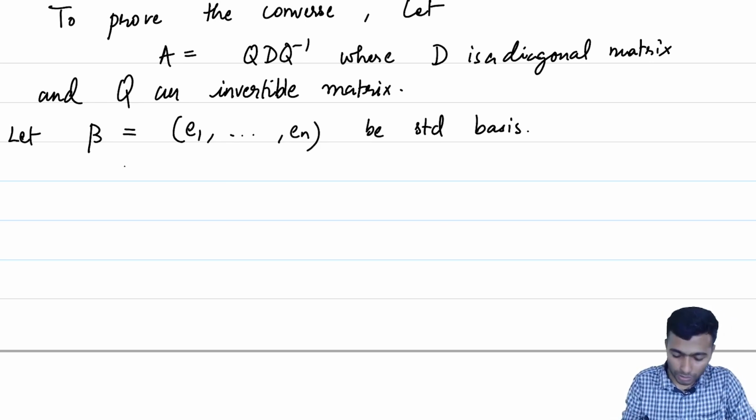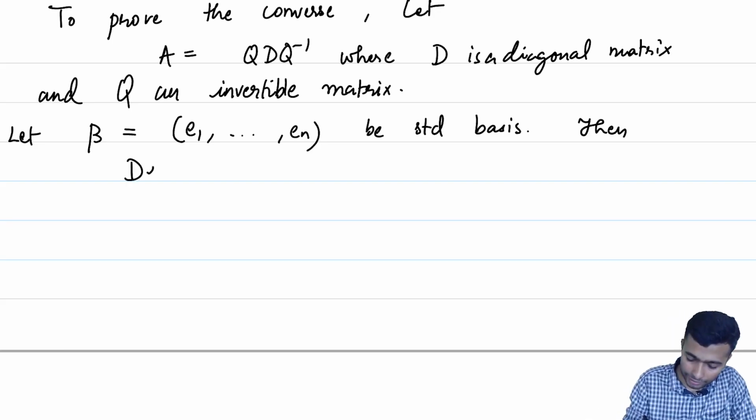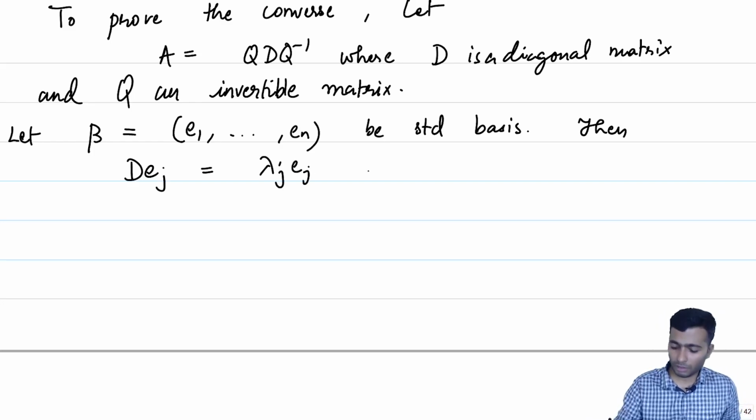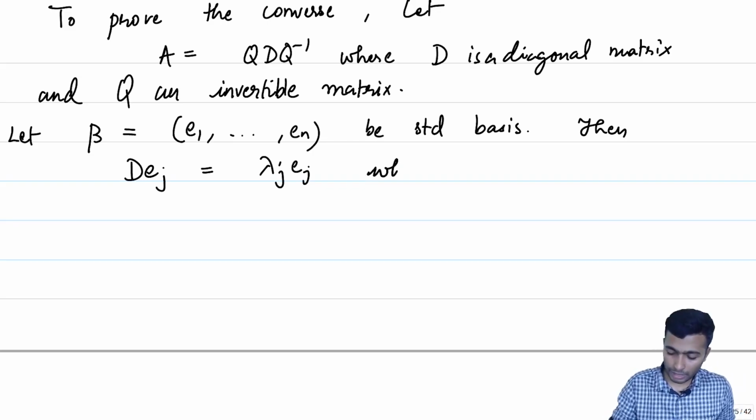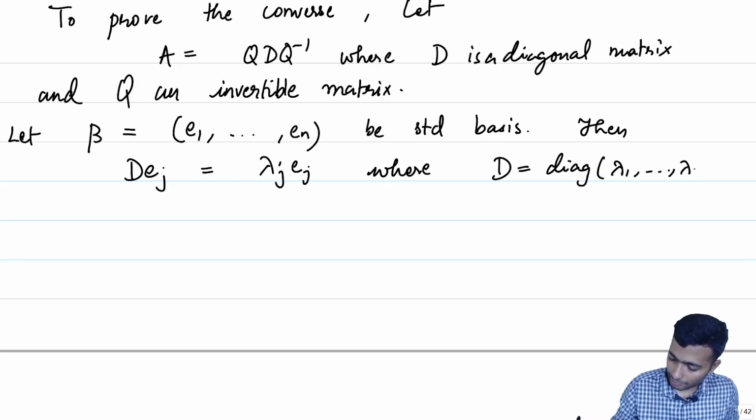Then what do we know about DEj? By definition, DEj is lambda j times Ej, where lambda j is obtained from lambda 1 to lambda n.